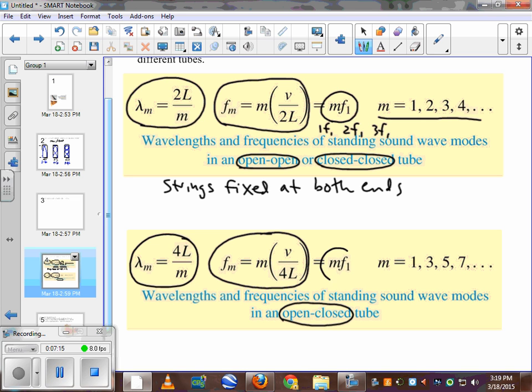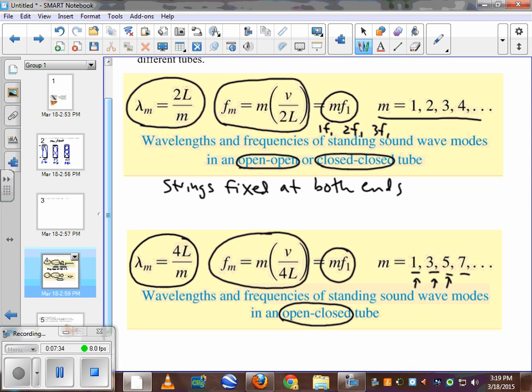But going from one harmonic to the next is different: it goes 1, 3, 5, 7. The M isn't 1, 2, 3, 4, 5. You have to remember, M is all the odd numbers, so you don't use 2, 4, and 6.